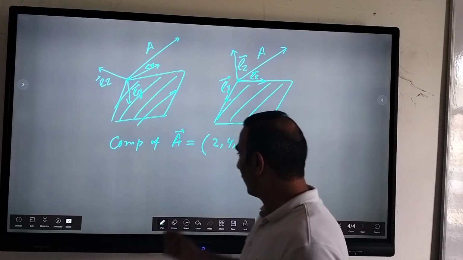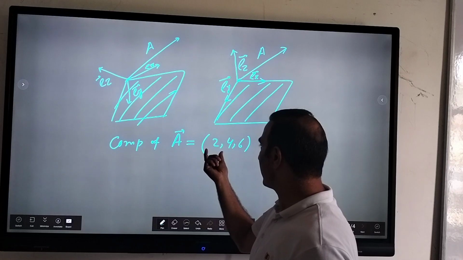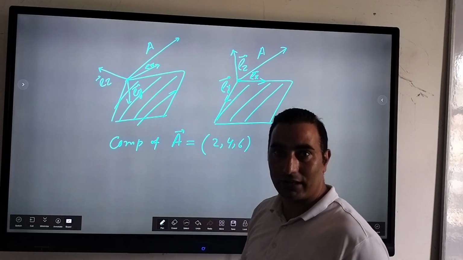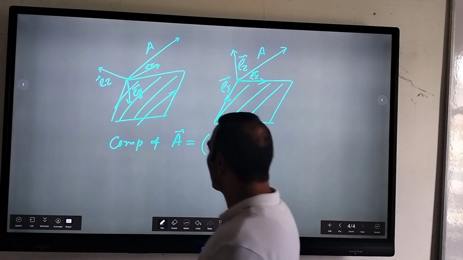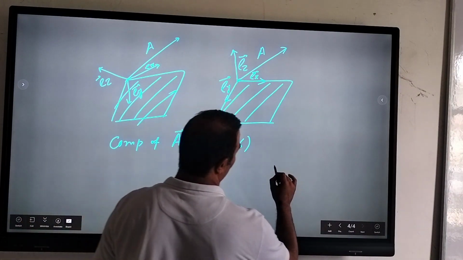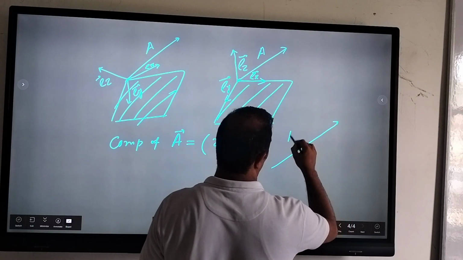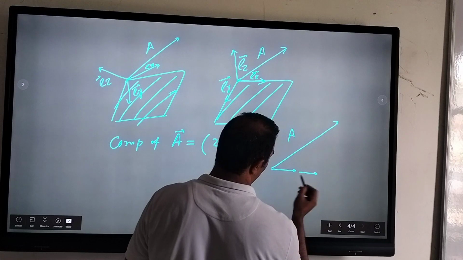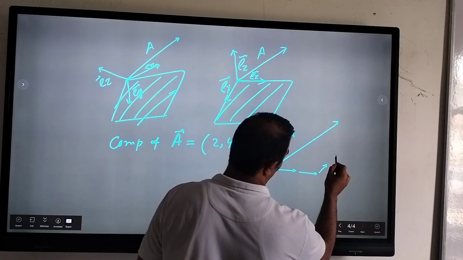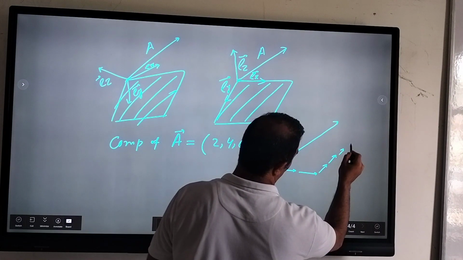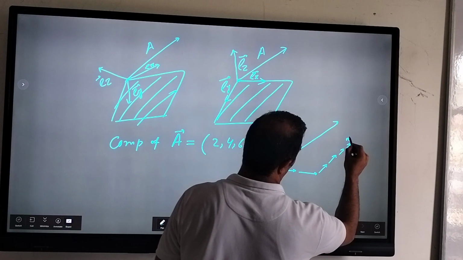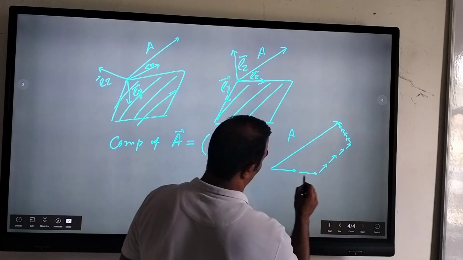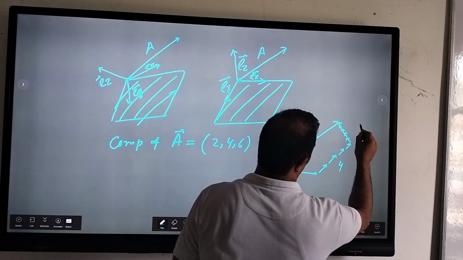That means we have to go 2 units of basis along x, 4 units along y and 6 units along z, right? So how do I plot this? This is our vector A, so I have to go 2 units along x, 4 units along y, and so on.